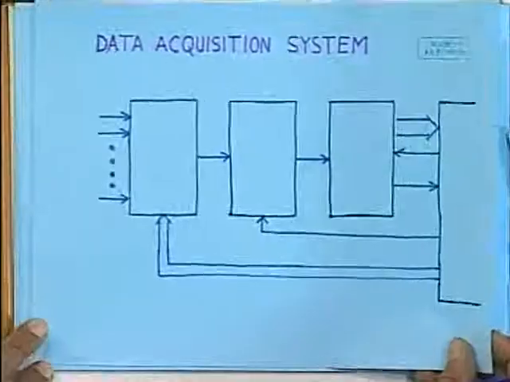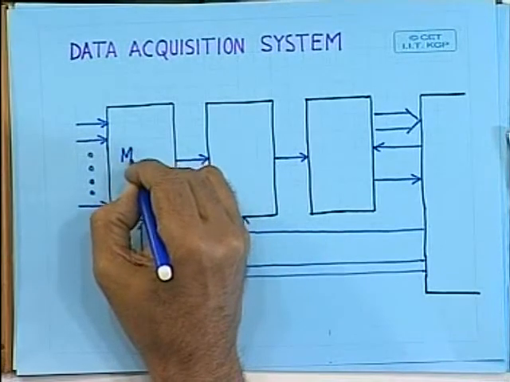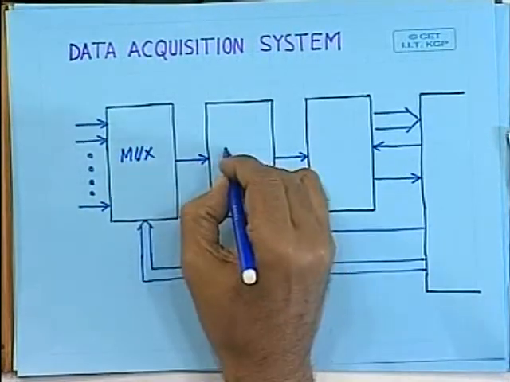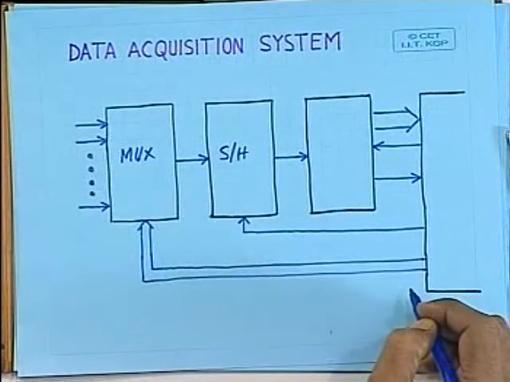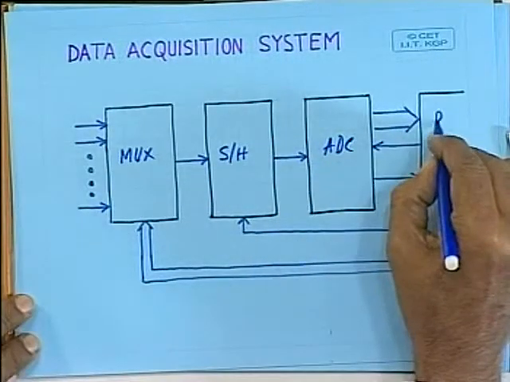So you can build one data acquisition system by using a separate multiplexer. This is MUX, sample and hold circuit, and ADC which is connected through some port lines.